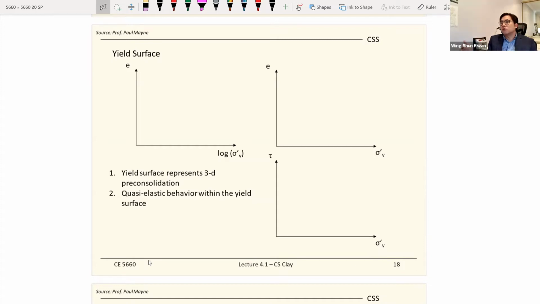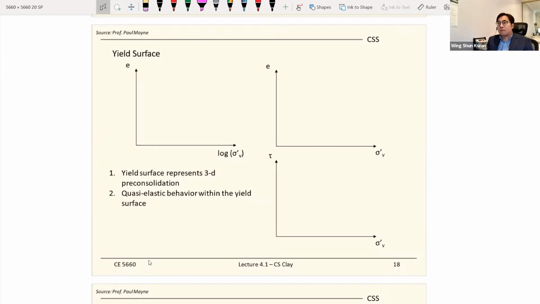What you try to achieve here, through this model, is to predict or develop a yield surface for soil. If you have been learning material mechanics, for example concrete or steel, I think steel is more common, you learn about how to model the yield surface of steel.